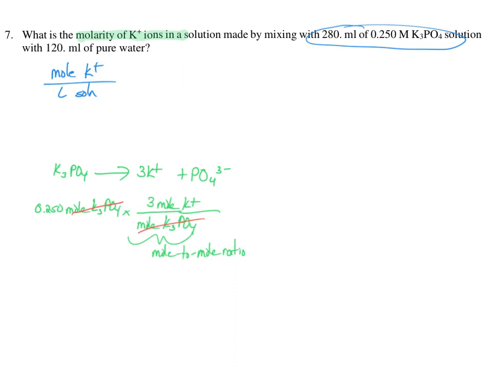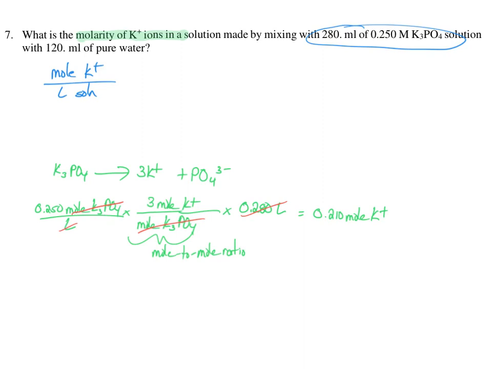Our mole-to-mole ratio indicates that every mole of potassium phosphate is going to release 3 moles of potassium ions. Okay, and finally we can multiply by liters so that we end up with the only surviving unit as moles of potassium ions. All right, so now we know how many moles of potassium ion we have.